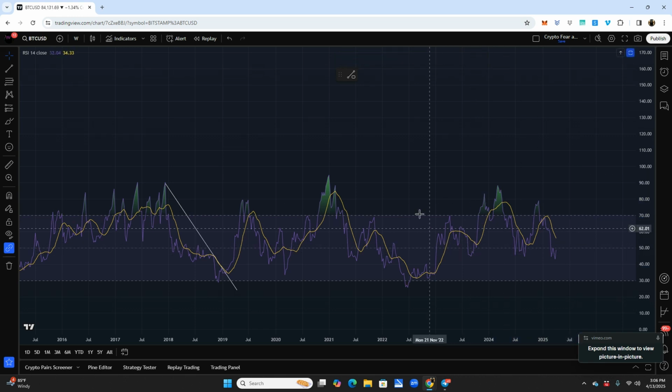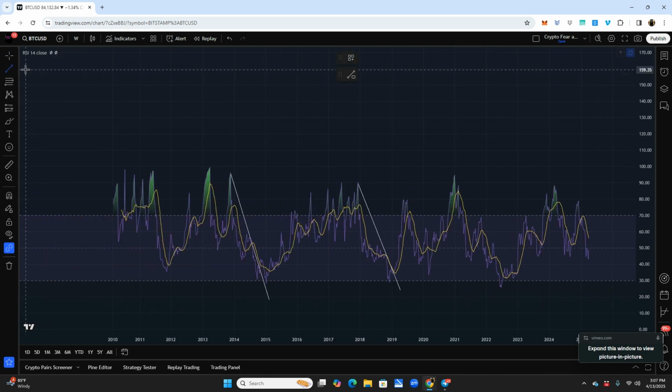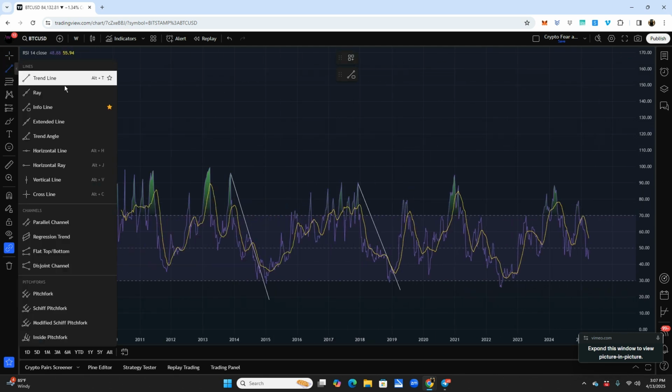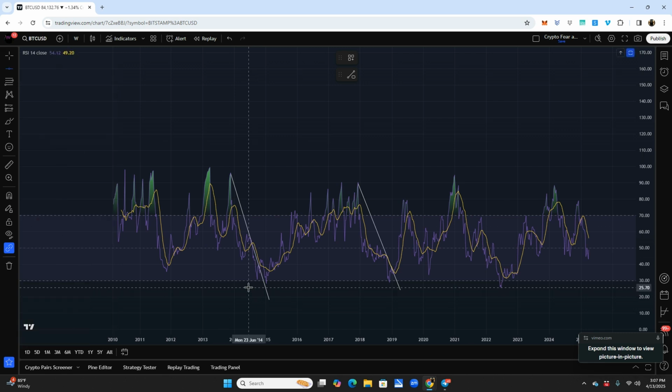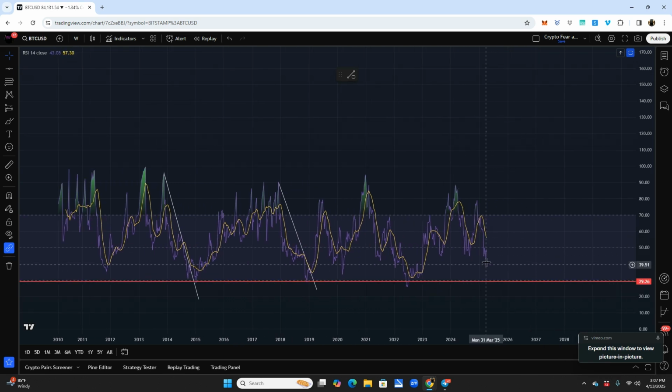Now you can look at supports all the way back from, way over here, and this has kind of been the floor for Bitcoin. So the next market cycle bottom would probably come back down to test this level of support.